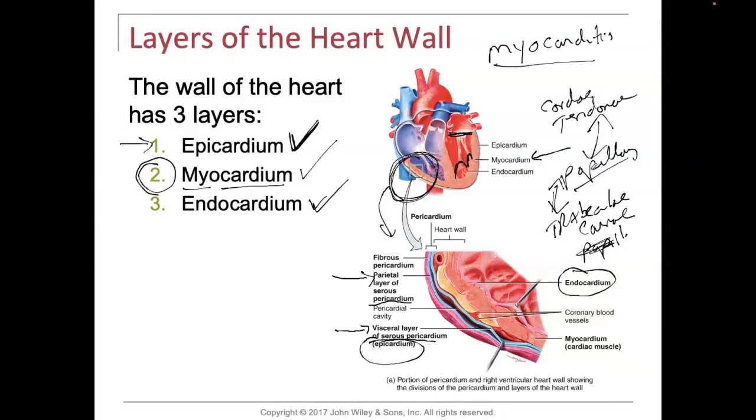So chordae tendineae, papillary muscles, and trabeculae carneae, these three are all interconnected because the papillary muscles are an extension of the trabeculae carneae, and then the papillary muscles attach to the valves by way of the chordae tendineae, these cord-like tendons.